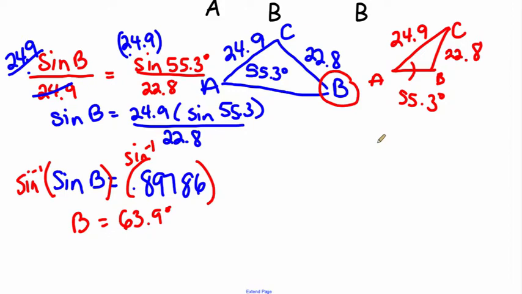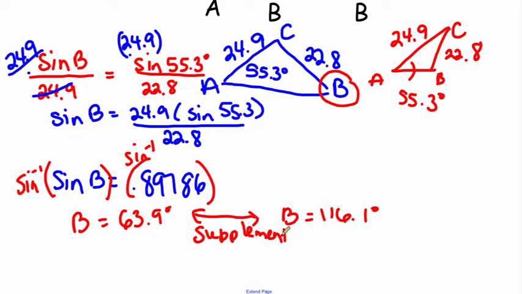What we have to remember is that because of reference angles, the sine of 63.9 is equivalent to the sine of 116.1, because the supplement of an angle and the angle are the same when you take the sine of them, because sine is positive in both the first and the second quadrant. So what I like to do is I like to think of this being my triangle 1 and this being my triangle 2.